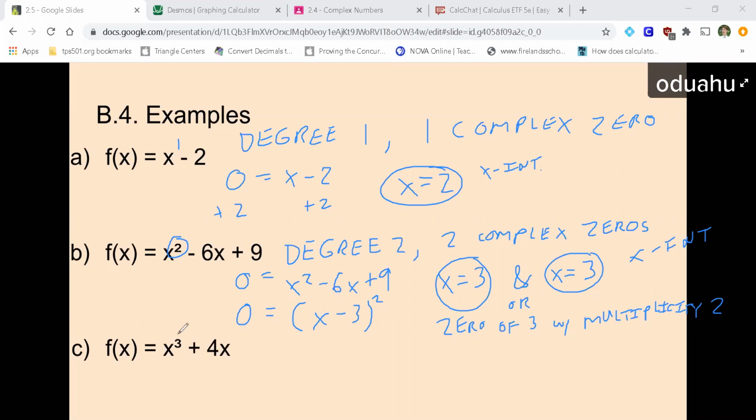All right, last one. This one has a degree that its highest power is 3. So it must have 3 complex zeros. To find out what they are, again, we set this equal to 0.